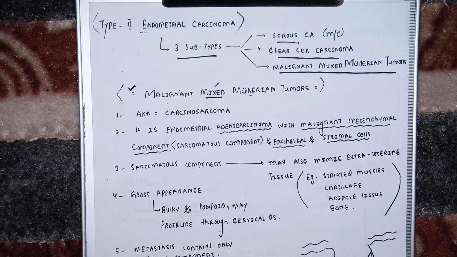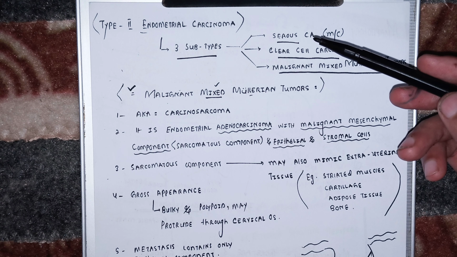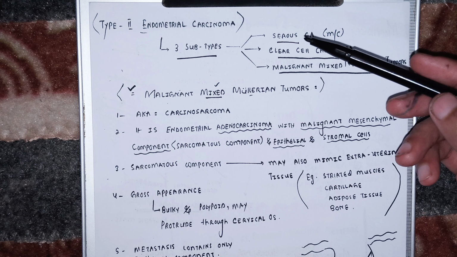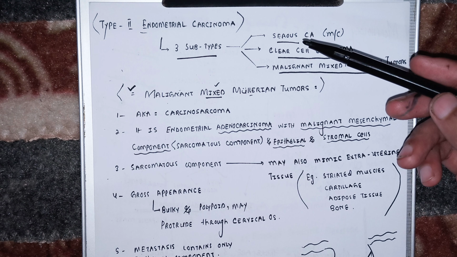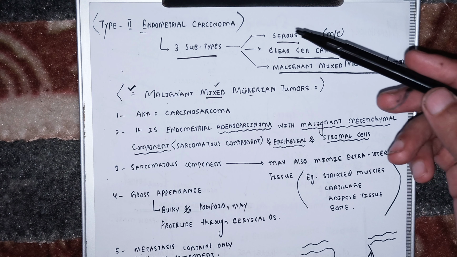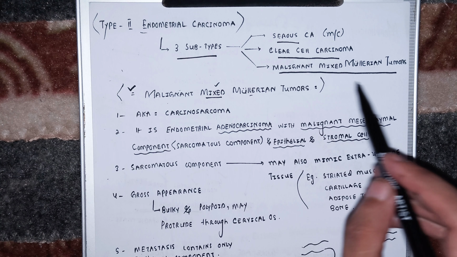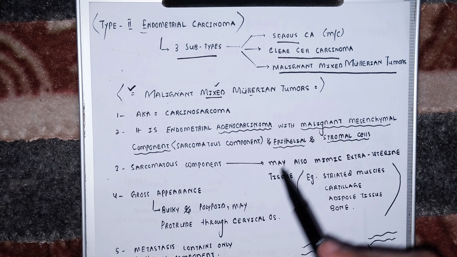Out of these three, serous carcinoma is really important. It is, by the way, the most common of all these three. I have delivered a complete lecture on serous carcinoma in the previous video. Malignant mixed Mullerian tumor is what I am going to deliver here.